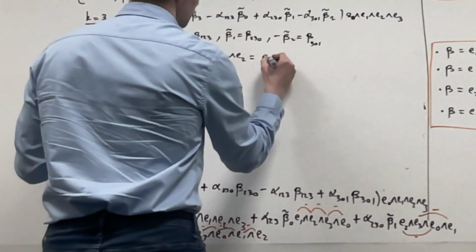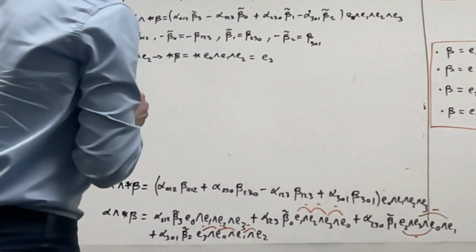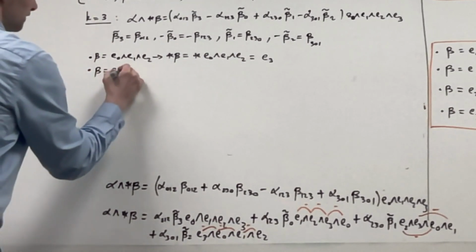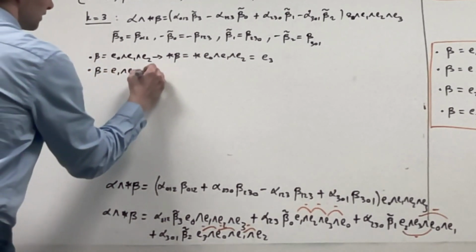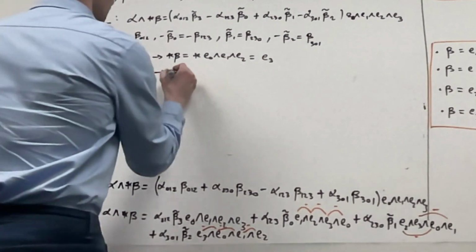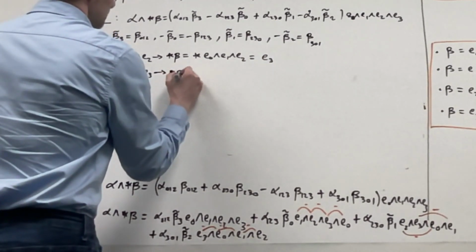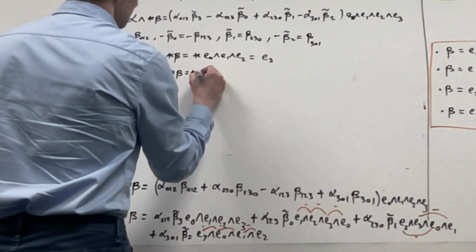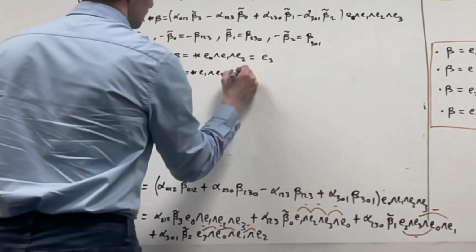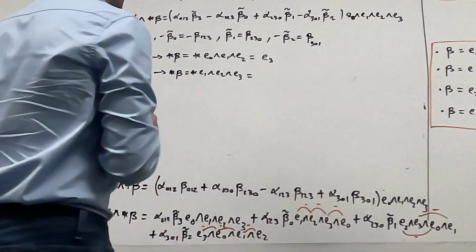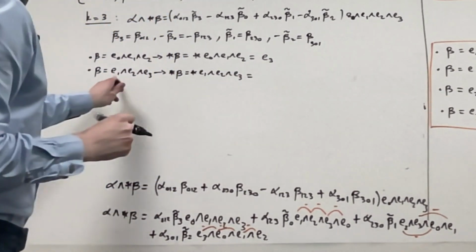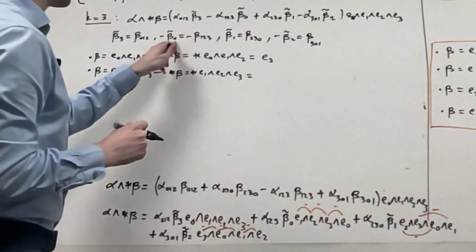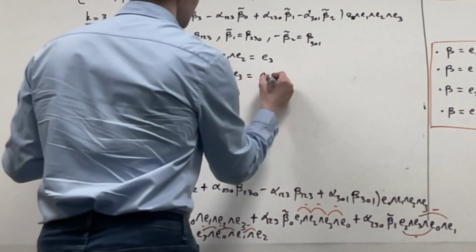So that's going to be equal to E3. Okay, so let's continue. Beta is equal to E1, E2, E3. Then we've got that the star beta is equal to star E1, E2, E3. And what we have is that we've got 1 for beta 1, 2, 3, and that's going to be equal to beta tilde 0. So that's actually E0.